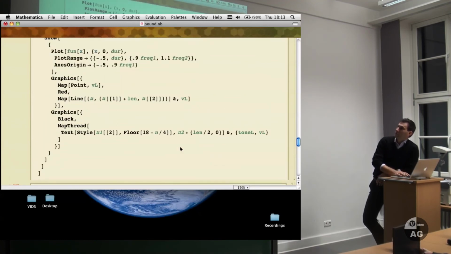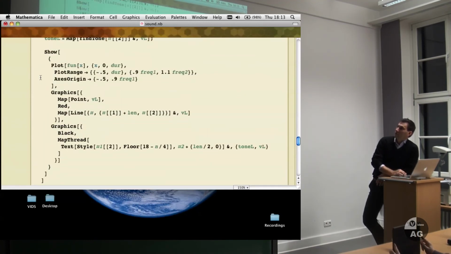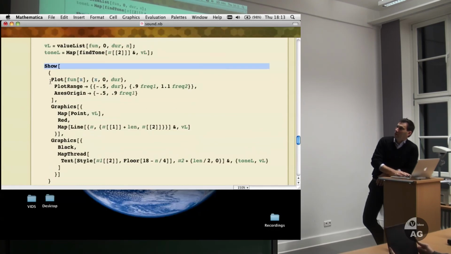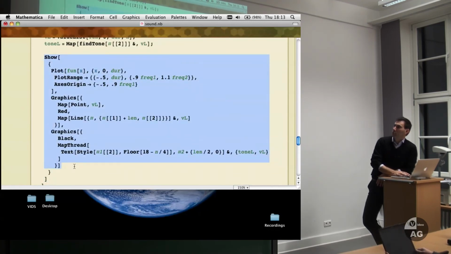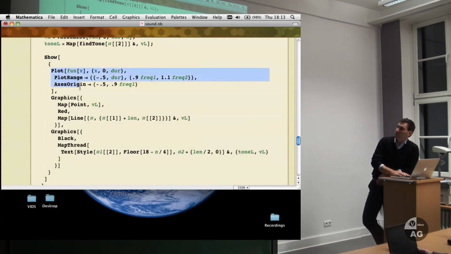Okay. Now, my output is a show. Show puts together graphics. In this particular case, I need a list of graphics. In this particular case, I have a plot, and you have seen the plot already. That's just the exponential. And then, after the plot, I have a couple of graphics.